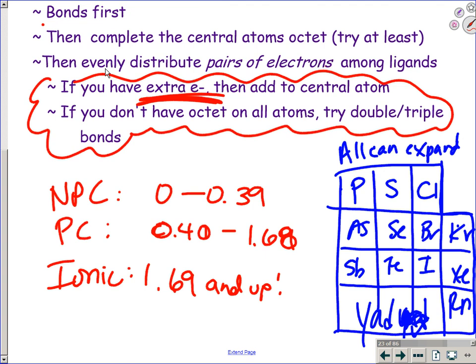Eyes up here for the moment, okay? Just maybe a minute. If you end up with everybody having an octet, and you're like, oh gosh, I've got 2 electrons left, what do I do? Or I've got 4 electrons left, what do I do? If you have extra electrons, you add them to the central atom, just as lone pairs. You wrote this down yesterday, yes? Some of you didn't get quite to the bottom of this, but that was what we wrote down.